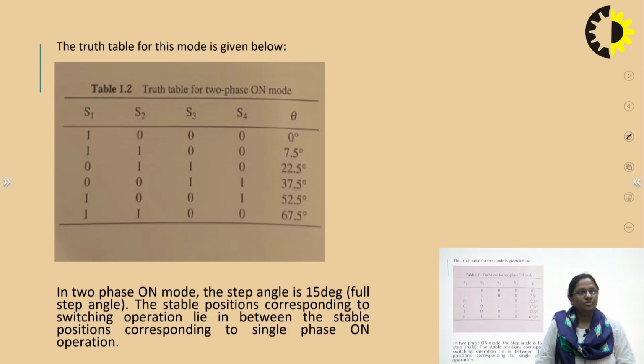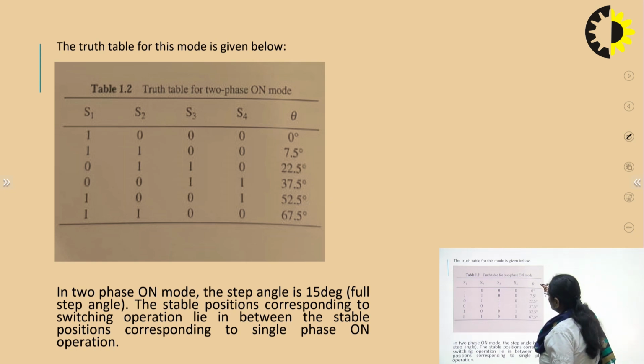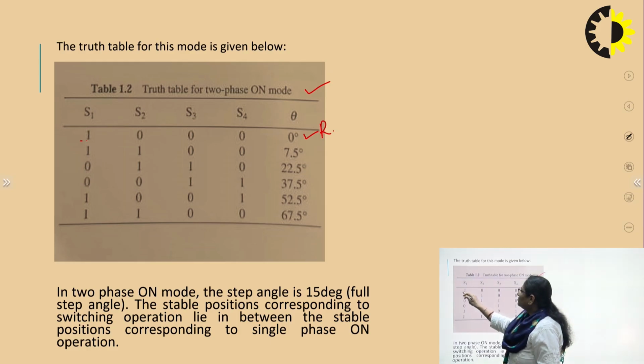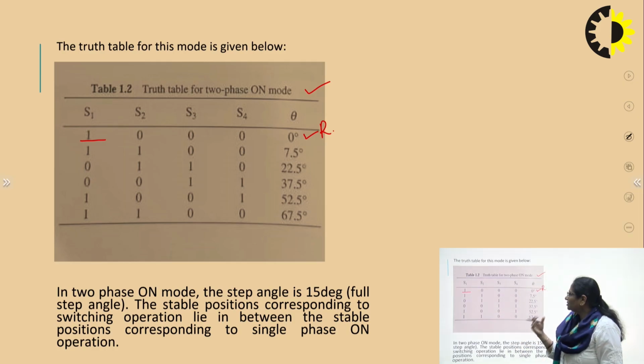The truth table for two-phase on mode can be shown like this. So, initially, for 0 degree reference position, switch S1 was only closed, and the rotor assumed its position of rest, aligning itself perfectly with phase A magnetic field.